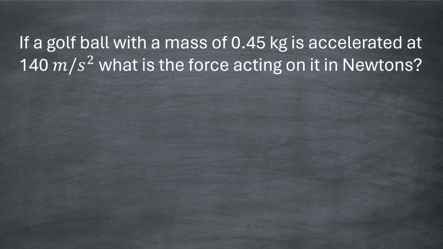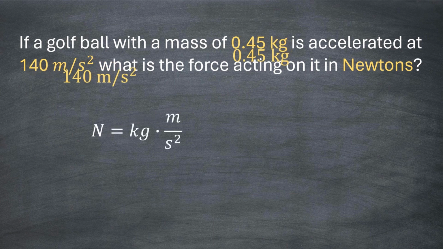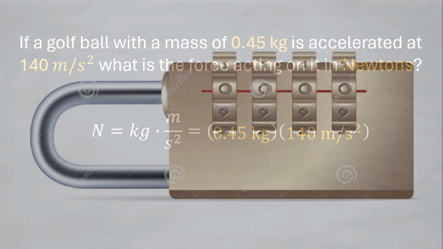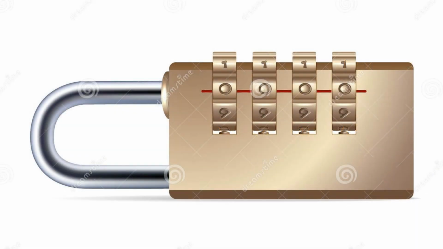But going back to the main point, dimensional analysis has an even more powerful use. You see, when a question asks you to solve for a value with specific units, you are essentially provided the exact combination of the given values that unlock the answer. It's like being given the combination to a lock.